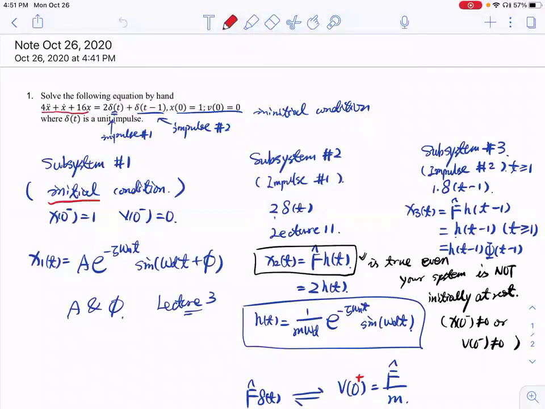So here you have initial conditions, and then your f(t) will be 0. Once you want to consider your force, then all your initial conditions are 0. That's how you divide your subsystems. Okay, and so we could use the h(t) equations from those. Yes, correct. All right.